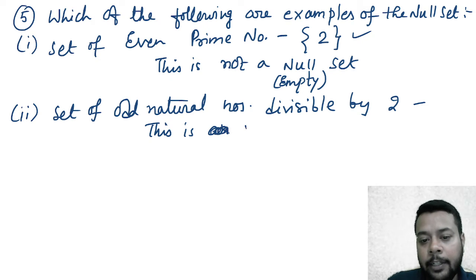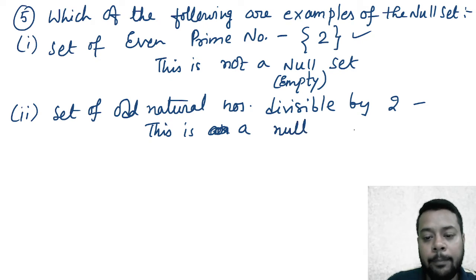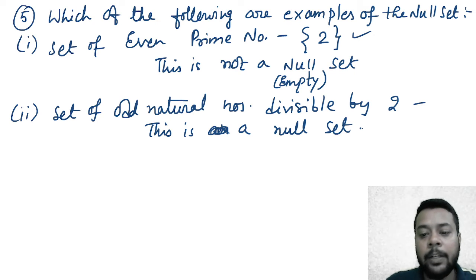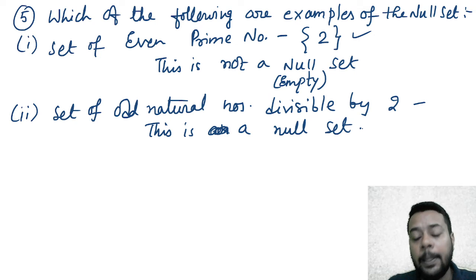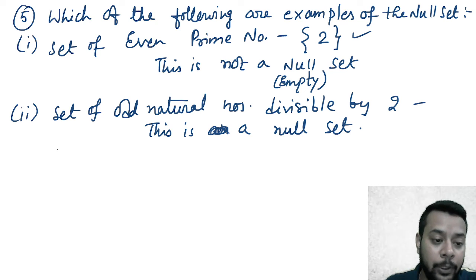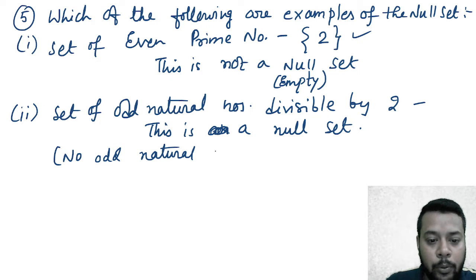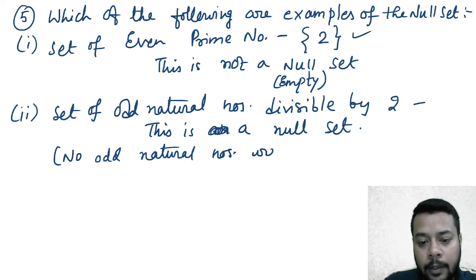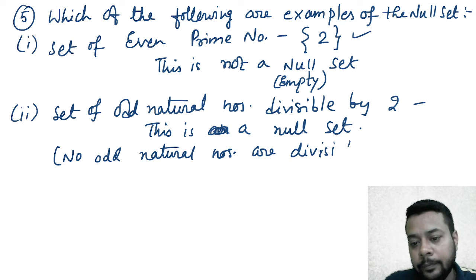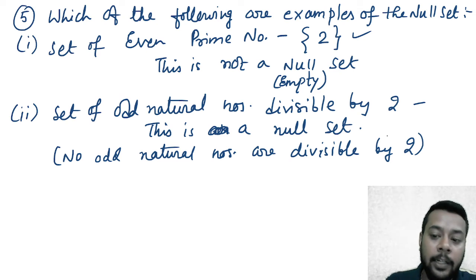This will be a null set or empty set, because no odd natural numbers are divisible by 2. So obviously the set here is a null set. There is no such element.